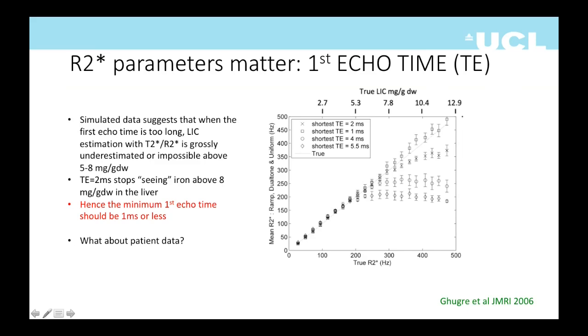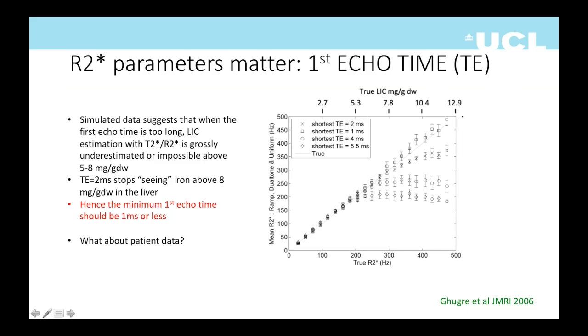So if you use 4 milliseconds or 5.5 milliseconds, you completely don't see higher values at all. So that was simulated, and the conclusion from that was that the first echo time below 1 millisecond was meant to be used so that it detects the true R2 star, and therefore the true LIC. And that was in 2006.